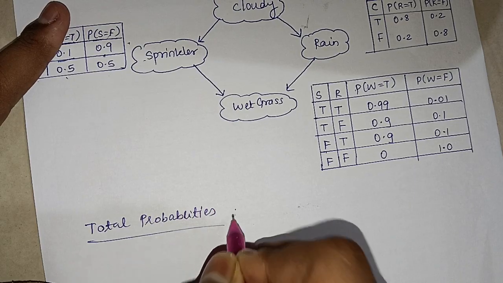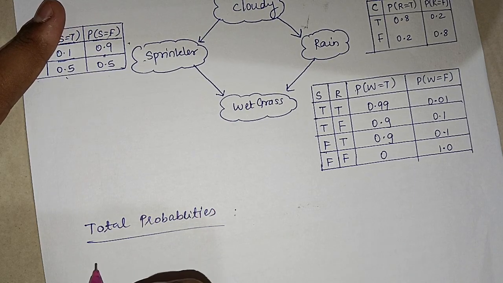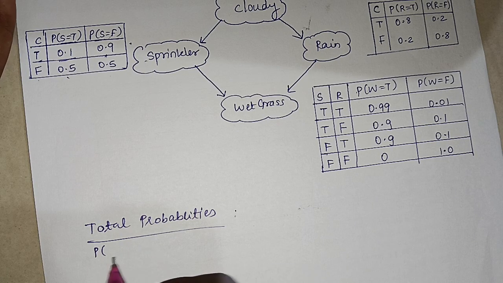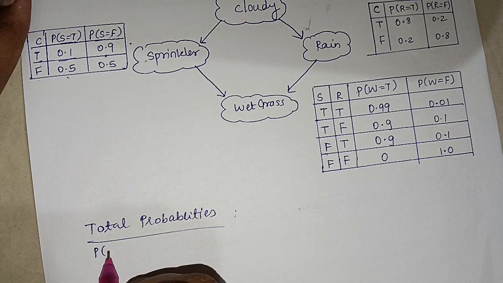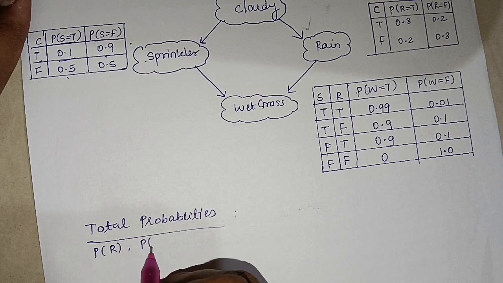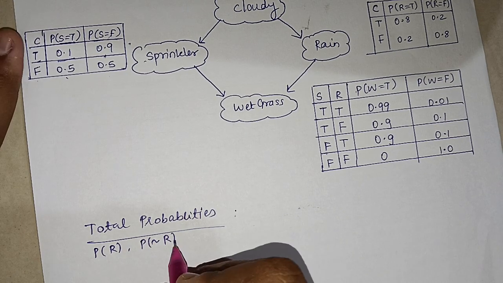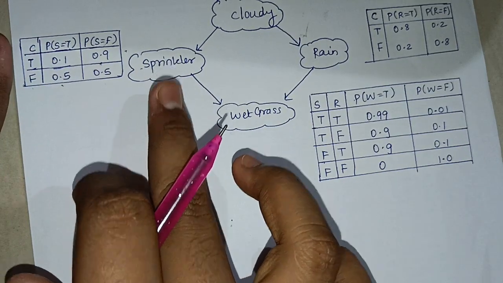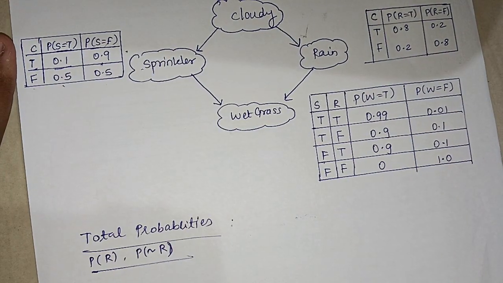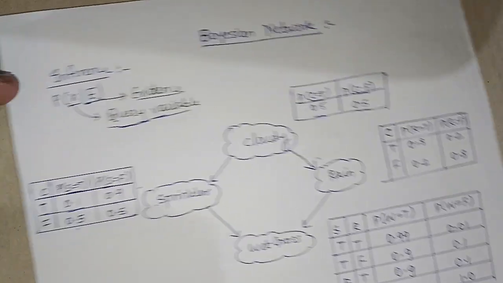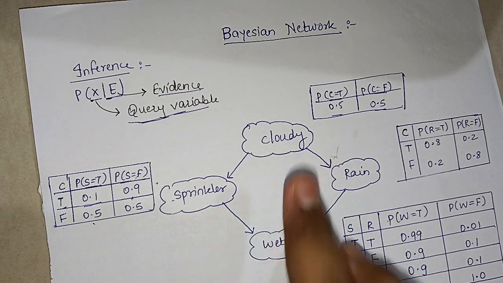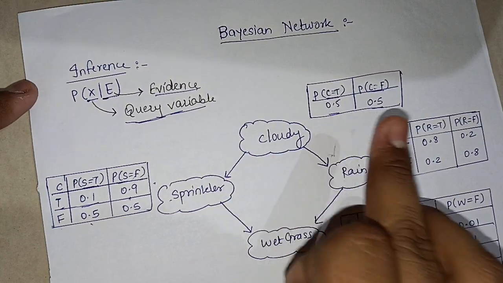Now see, for sprinkler, as you know, we are showing true and false, so we can use P of R, and this is negation, as you know. So I am using this type of convention. Now I am finding the total probability of sprinkler, P of S. Sprinkler is dependent on cloudy, which means we have to take both the conditions of cloudy: cloudy is true as well as cloudy is false.